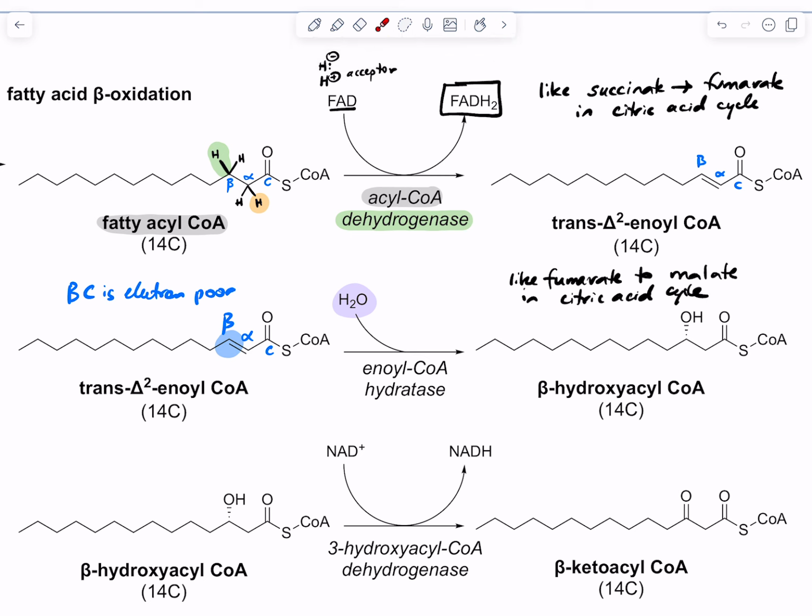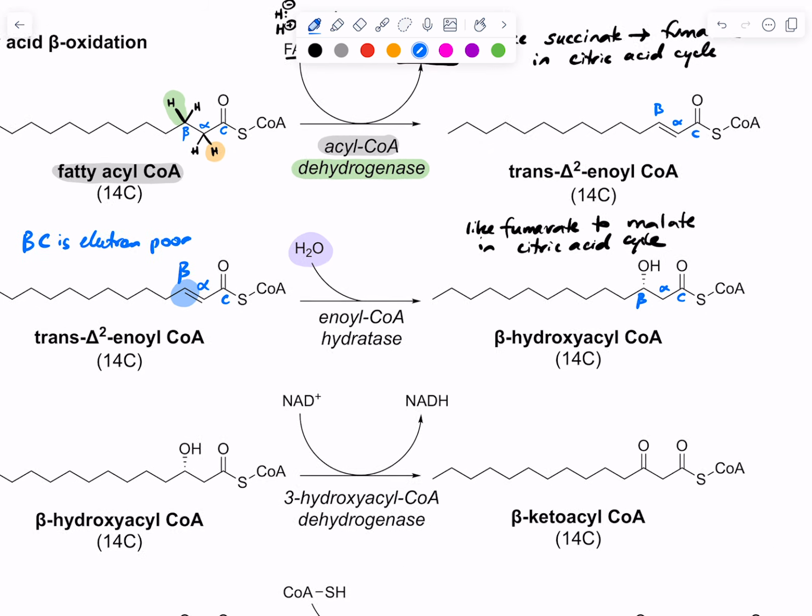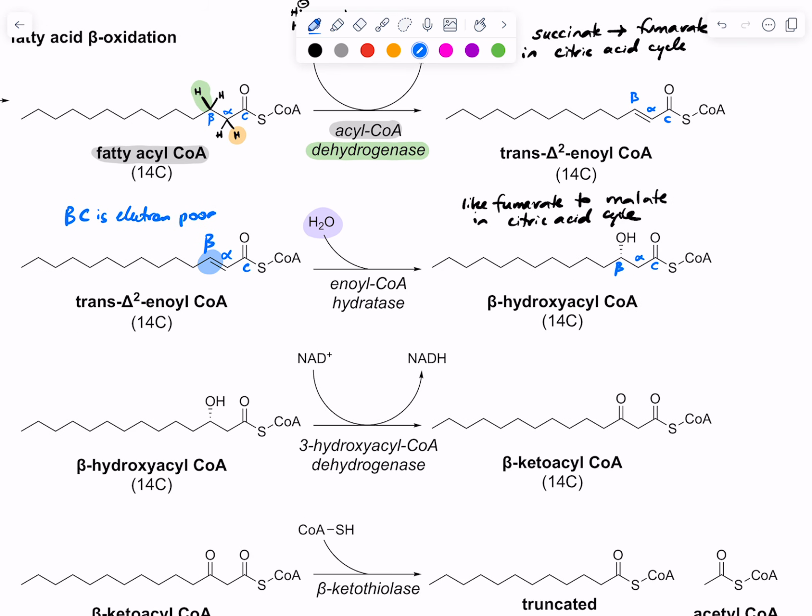And that installs an OH group at the beta carbon. In the next reaction, you're going to oxidize that beta OH group from the alcohol to the ketone. And you can tell it's an oxidizing reaction because the enzyme name is hydrogenase.